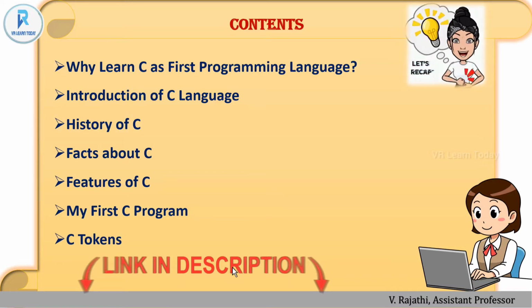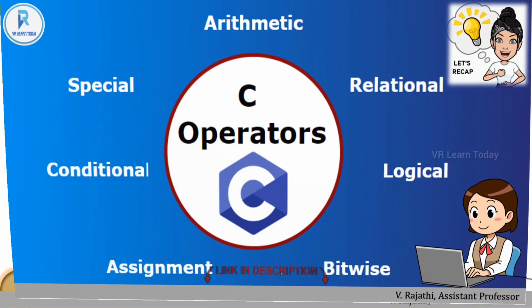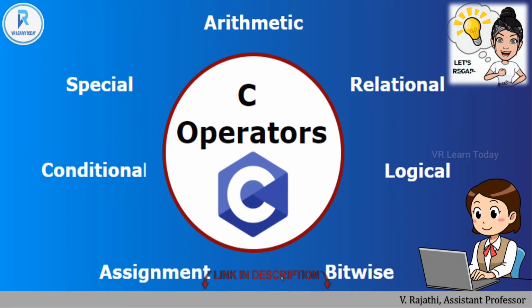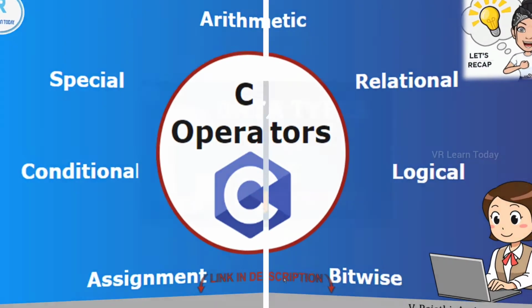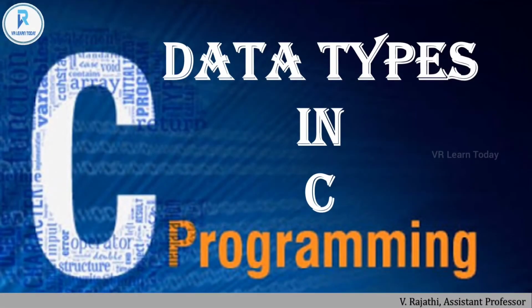Finally, we discussed C tokens. In the second video, I posted about C operators. If you missed that video, I will give the link in the description box. You can refer to it. Okay.